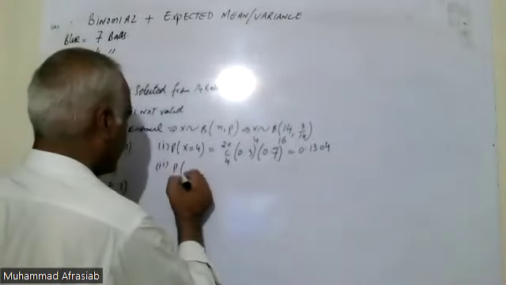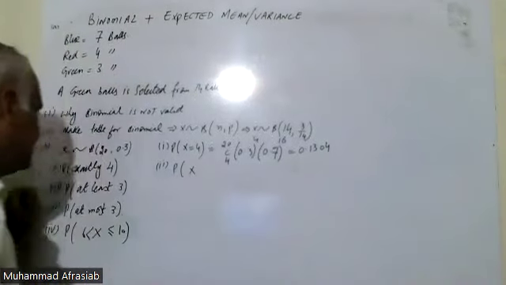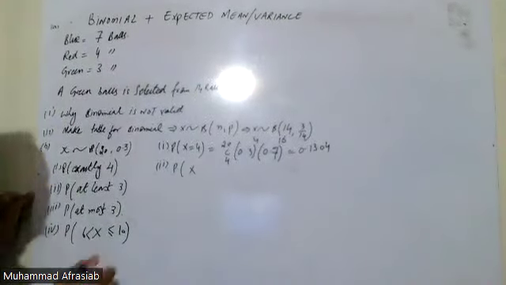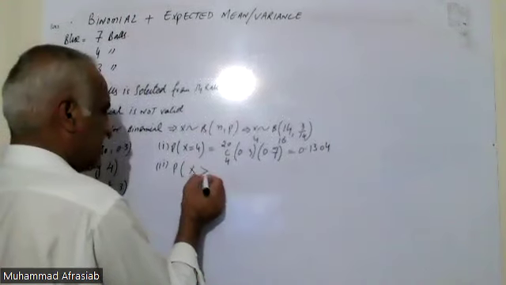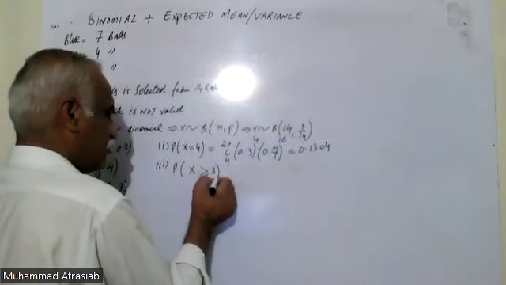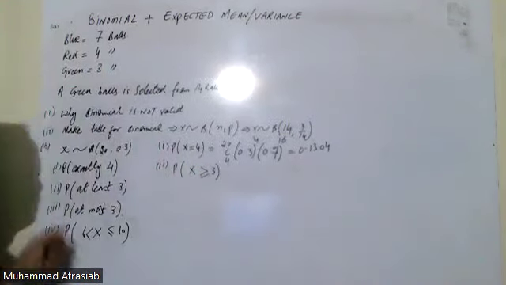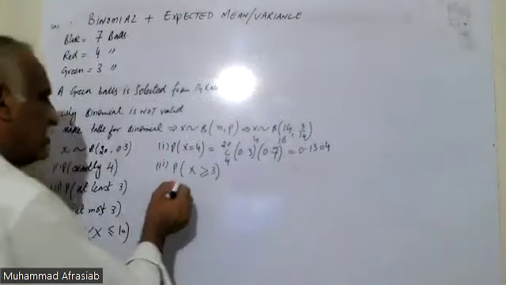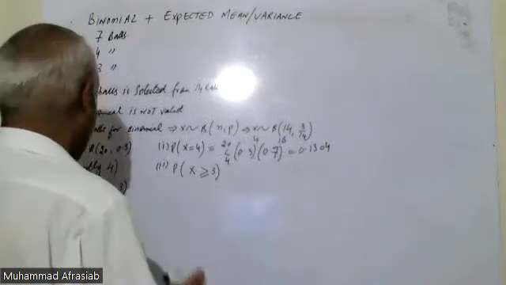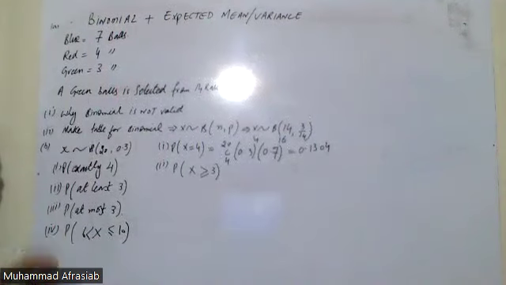Second part is the probability of at least 3. We can write it mathematically as X greater than or equal to 3. There are 20 total trials and at least 3 are required, so that means 3, 4, 5, up till 20.